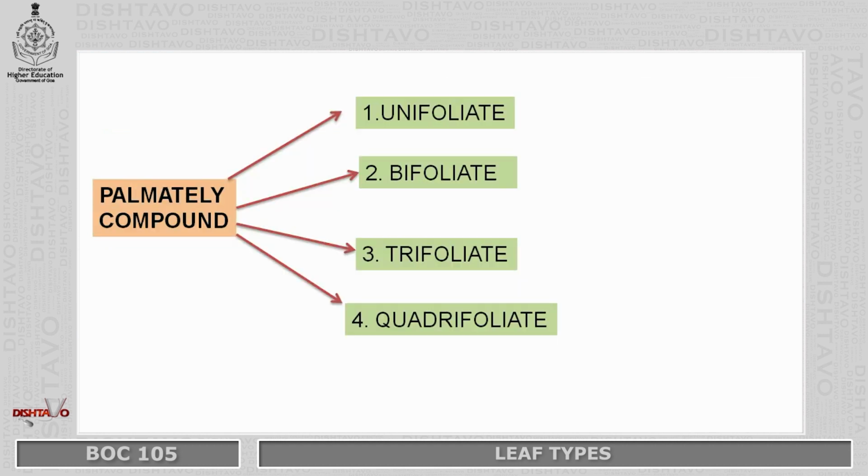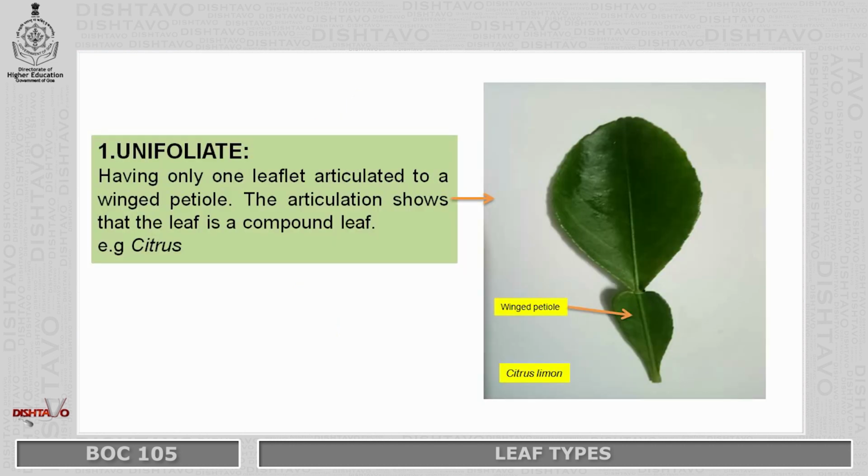Now we go to the next slide explaining palmately compound leaves. We have four kinds of palmately compound leaves: unifoliate, bifoliate, trifoliate and quadrifoliate. Now let's see what is unifoliate. How do we know that this is a compound leaf? Here we can see just a single leaf articulated to a winged petiole.